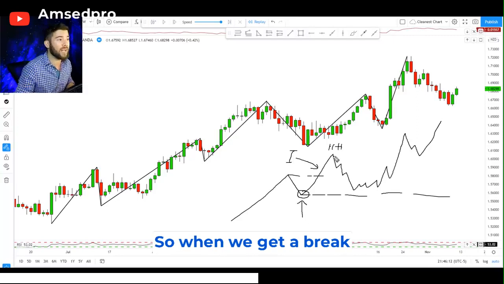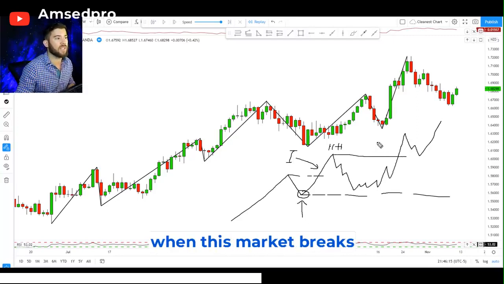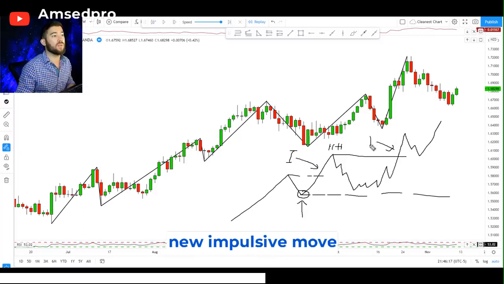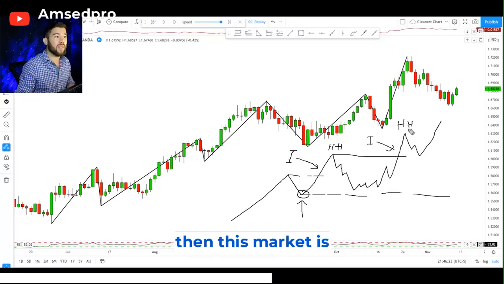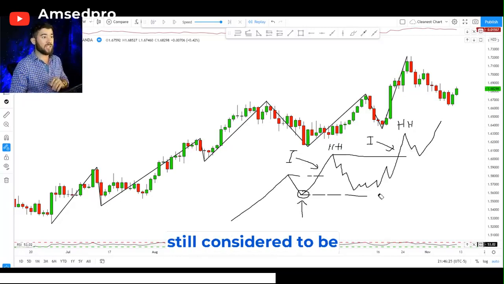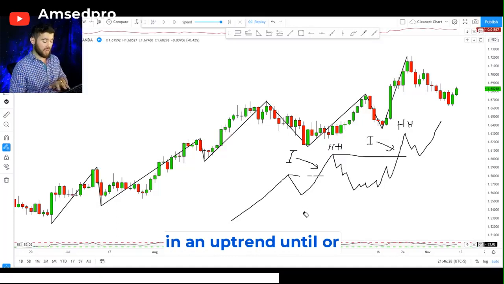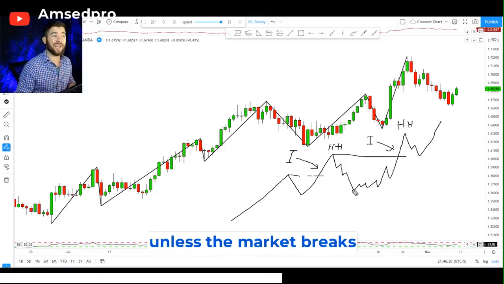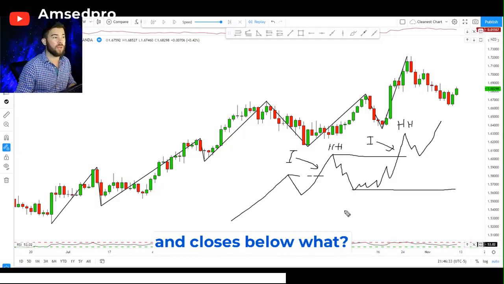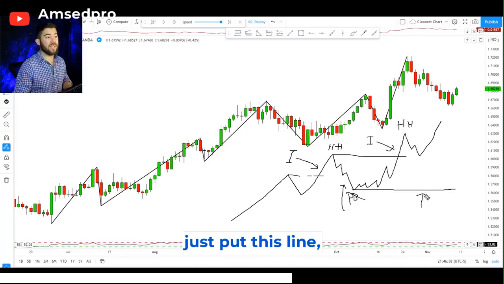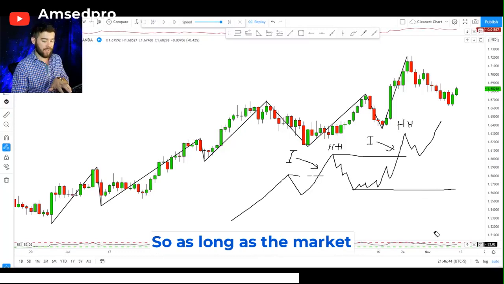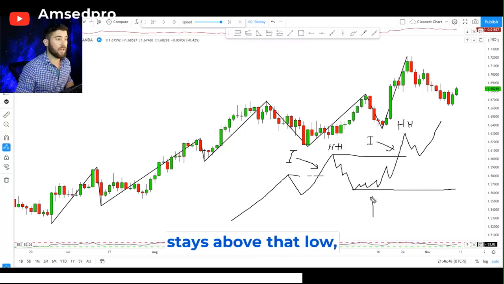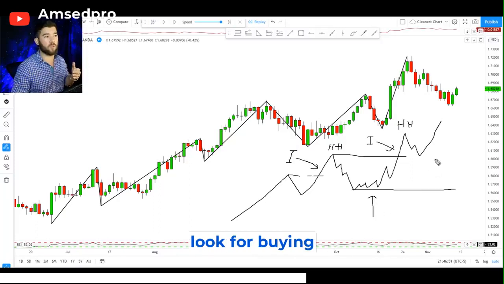So when this market breaks above this high with the new impulsive move making a new higher high, then this market is still considered to be in an uptrend until or unless the market breaks and closes below what? The lowest low of the pullback, which would be where I just put this line. This is the lowest low of that pullback. So as long as the market stays above that low, then we're still considered to be in an uptrend and we still want to look for buying opportunities.